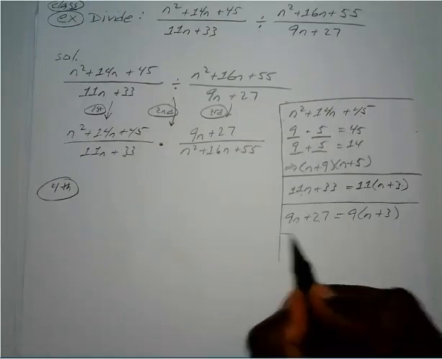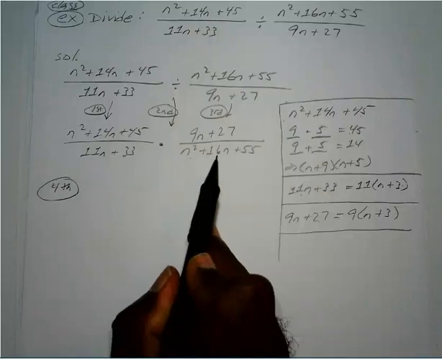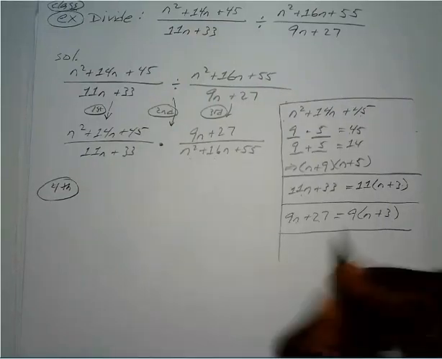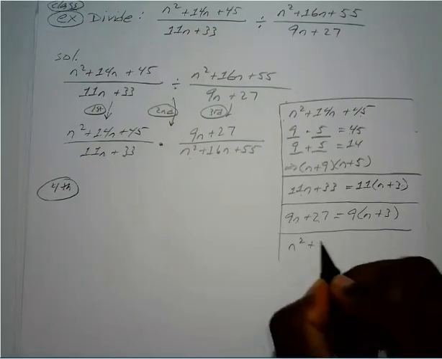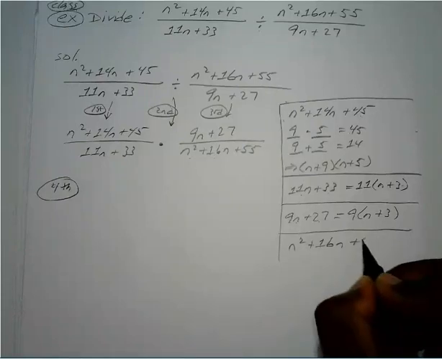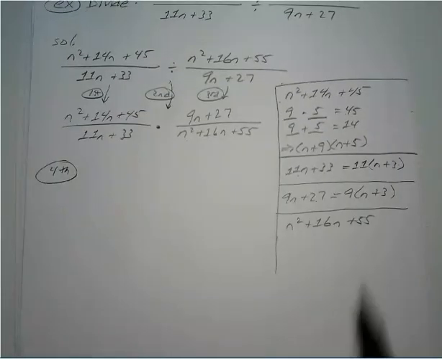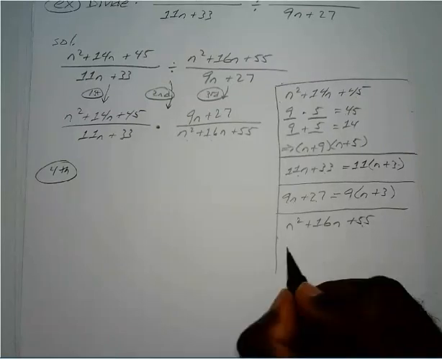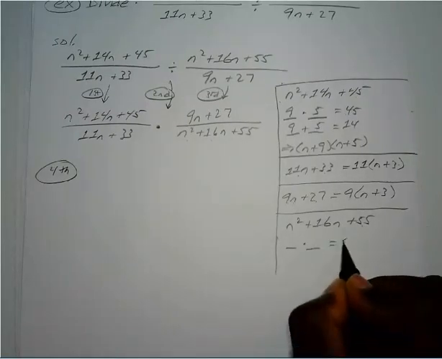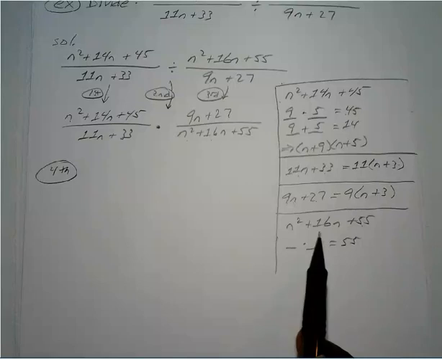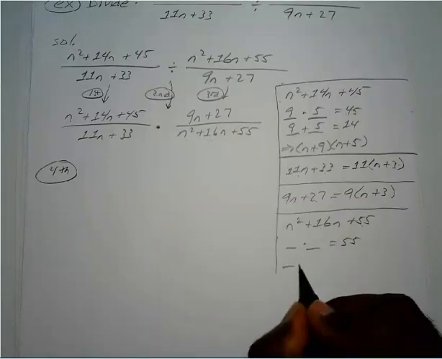Okay, so n squared plus 16n plus 55, we have to find two numbers that multiply to equal your c, which is 55. And those same two numbers add to equal your b, which is 16.